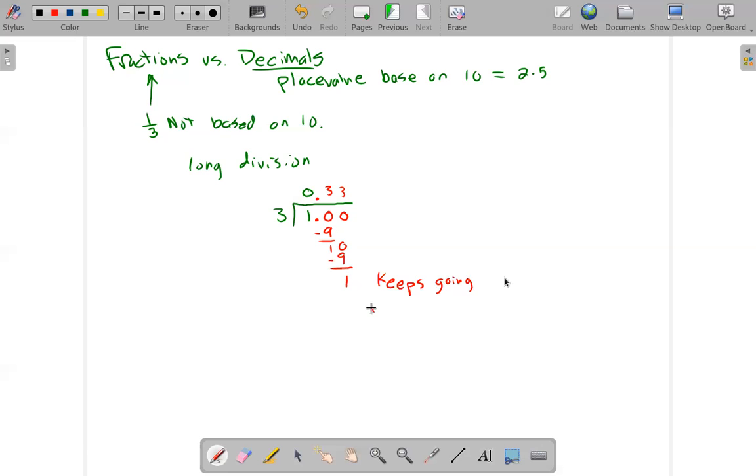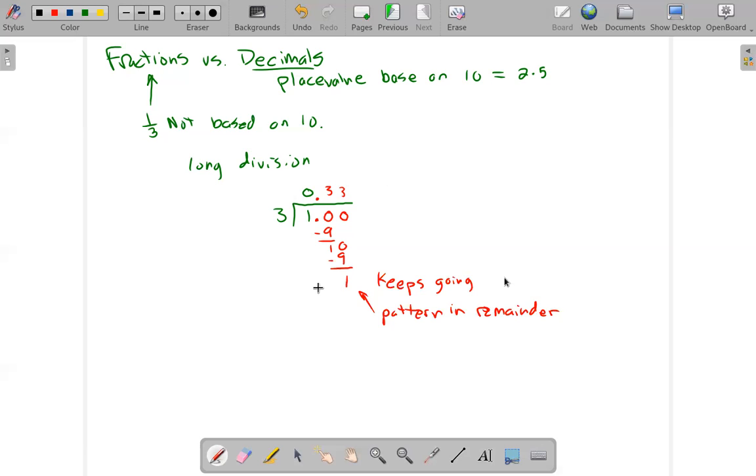So it turns out if there's a pattern in the remainder, that's going to lead to a pattern in the quotient, in the answer here. And it turns out the pattern in the remainder is more powerful than the pattern in the result. It's what leads to the pattern in the result there.